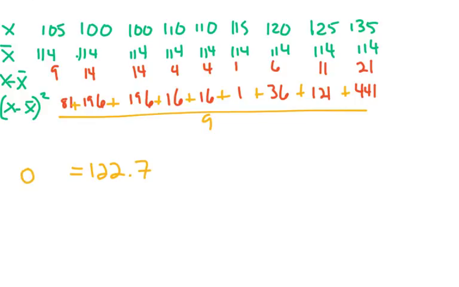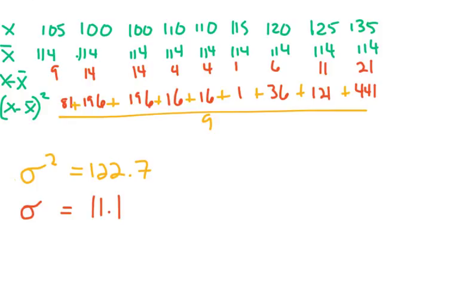That is my variance. And my standard deviation, this was squared, right? Because variance is standard deviation squared. When I take the square root of 122.7 to find my standard deviation, it's 11.1.